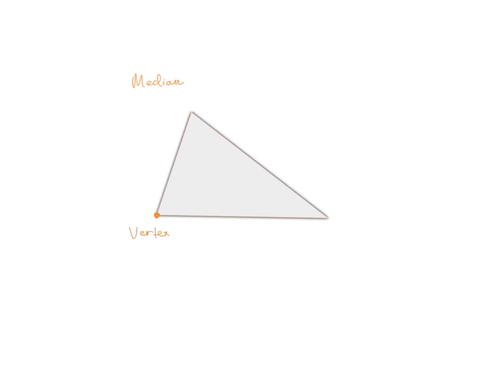Now, altitude is vertex perpendicular to the opposite side. Be careful, median is vertex to midpoint. Vertex to midpoint. Vertex, let's do another color here. Vertex, that was a bad line. To midpoint. That's a median.